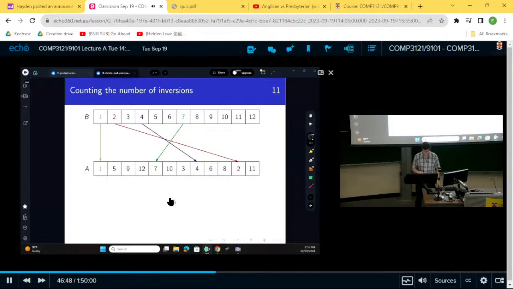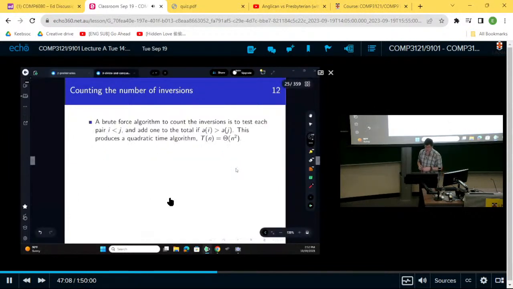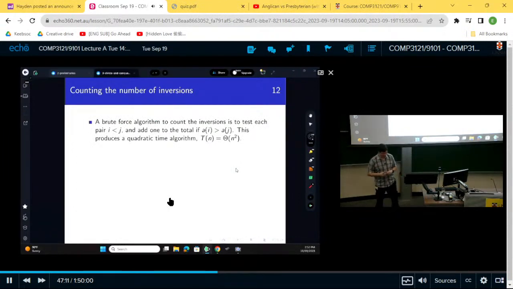Maybe another example here. For movies 1 and 7, there's no inversion because they occur in the same order in both lists. For movies 2 and 4, there is an inversion because they're out of order. The easy algorithm for counting inversions would have running time order n squared, or even theta n squared, because you can look at all pairs of movies, and going through all pairs is already order n squared time.